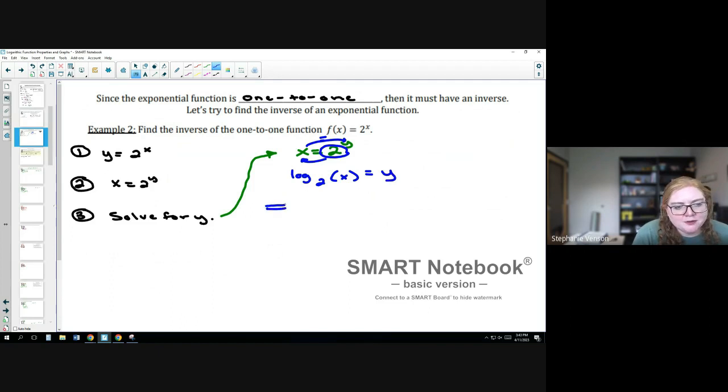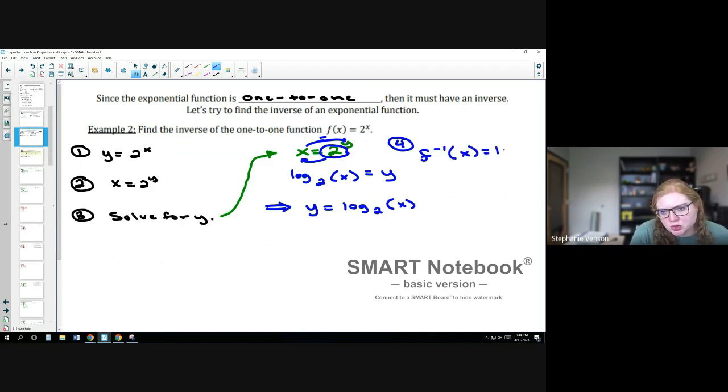So we have y equals log base 2 of x. So the inverse that we were looking for, which is step 4, writing it with inverse notation, is f inverse of x is equal to log base 2 of x. And that's what we were unable to do previously because we didn't have enough information. Okay, so this is your answer to this one.